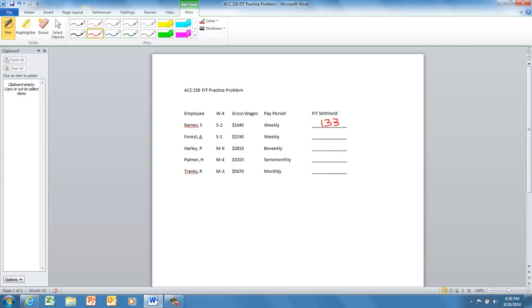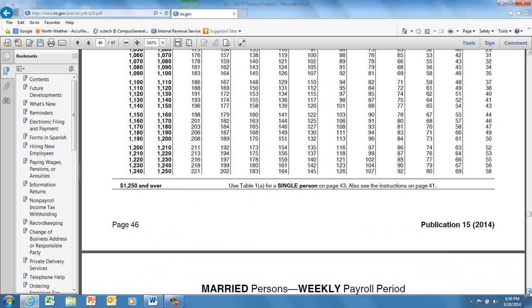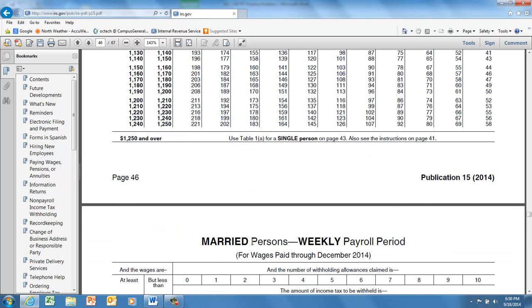Okay, let's take a look at the next one. A Forrest has single 1, 2,190 weekly. So we're still in the single pages. We only have 1 allowance, and we have 2,190, so I have to keep going farther down. Now I'm into the next page, the married page.